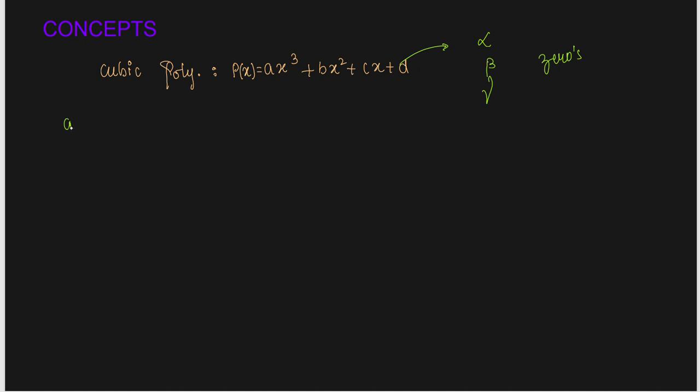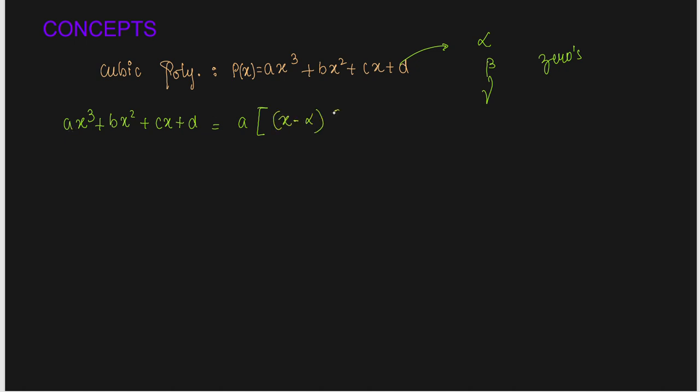Again, the same approach. I'll take ax cube plus bx square plus cx plus d is equal to 0. If alpha, beta, gamma are the zeros, I can write this in factor form, taking a, the leading coefficient, out, whatever the coefficient is.